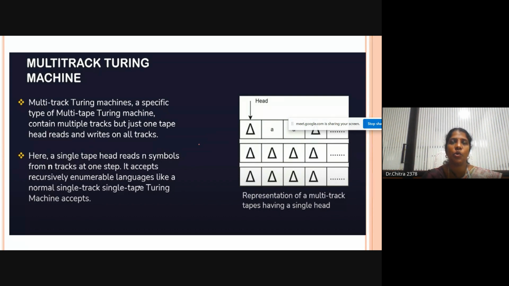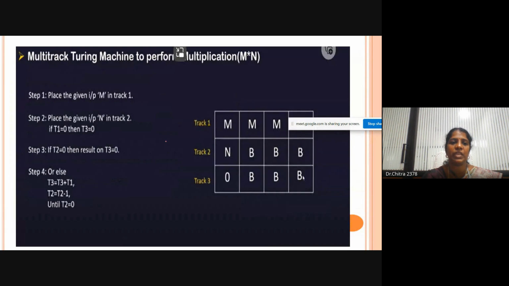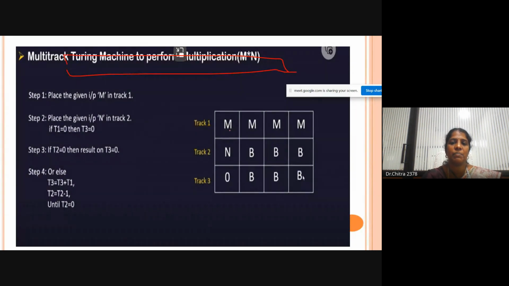For example, you want to calculate the multiplication of 3 numbers. A multi-track Turing machine can be used to find the multiplication. Here m is the multiplicand given in the first track, and the number of times you want to multiply is given in the second track. Then we know that multiplication is repeated addition. The repeated addition is performed and the result is modified in track 3.